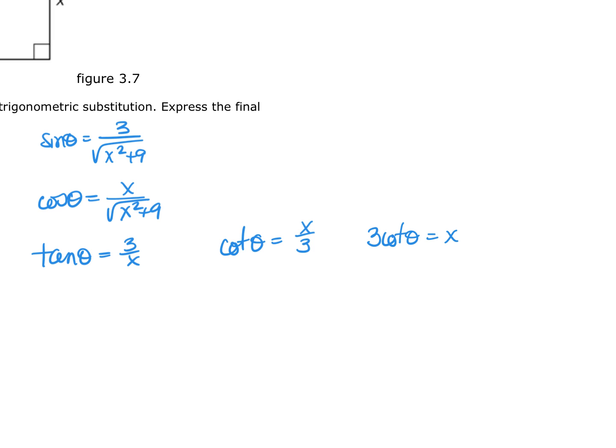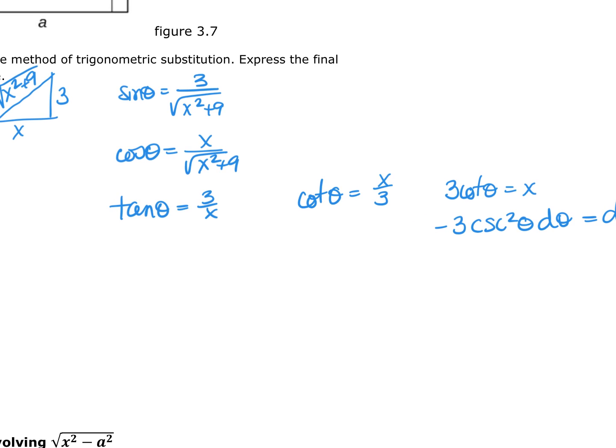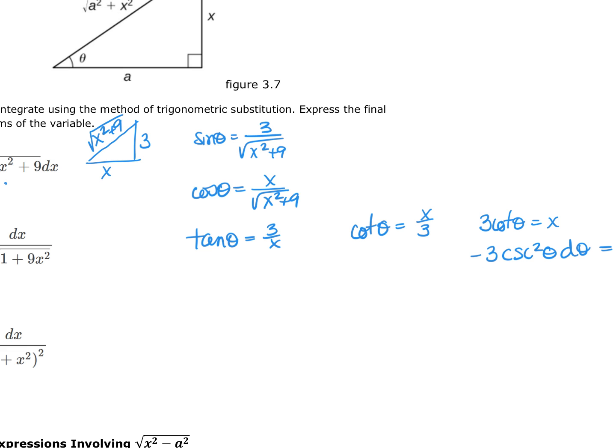Now I'm ready to do derivatives. So I have negative 3 cosecant squared of theta d theta is equal to dx. So now I have a replacement, and let me see what else. Notice how all of these are sine or cosine or tangent, and my variable is not really nice.